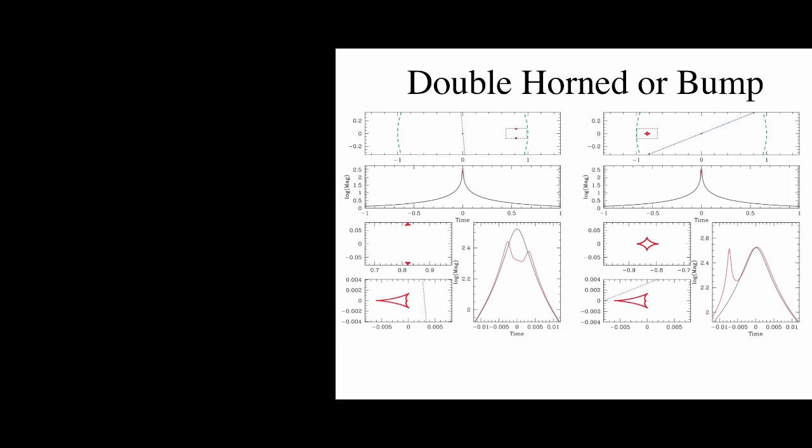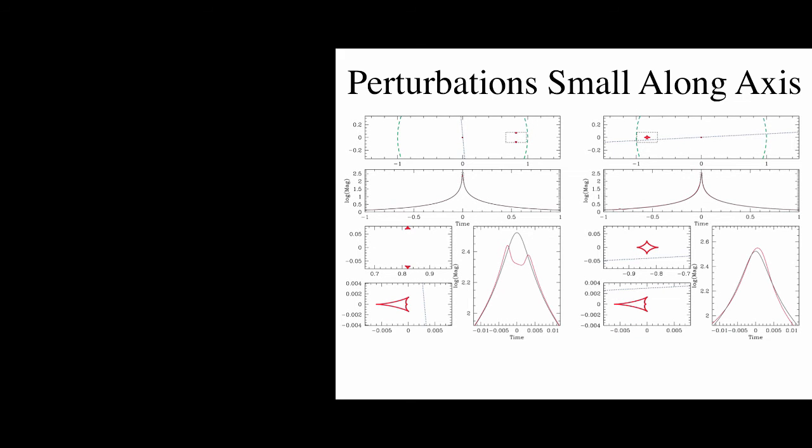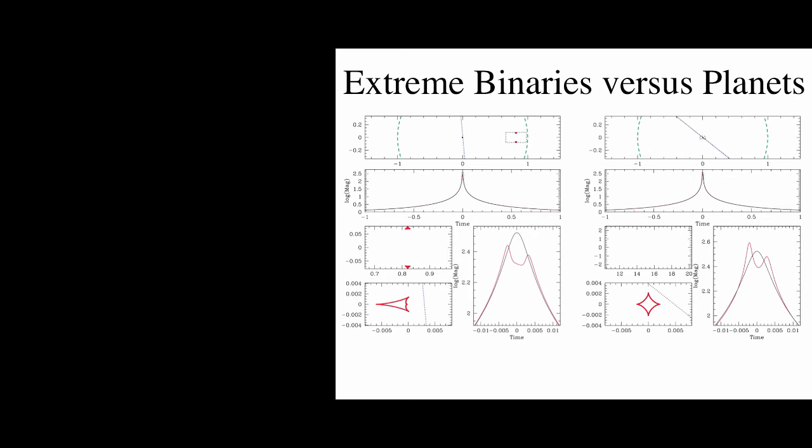And then, of course, if you look at the caustic of a binary lens, which in this case can be either a close or wide binary lens, if you pass along this way, you can also get a double horn shape, which looks remarkably similar to the planetary caustic back end.